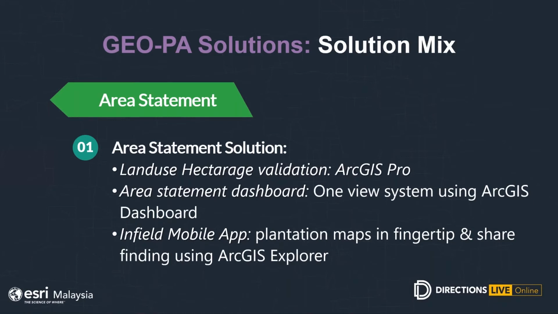For the area statement solution, for the land use heritage validation component, we are using ArcGIS Pro desktop to validate all the land heritage and then publish to the common view dashboard. For the common view area statement dashboard, we are using a one-view system using the ArcGIS Dashboards platform to publish so that everyone can have a similar page to view the area statement for their operation and make decisions in the field.